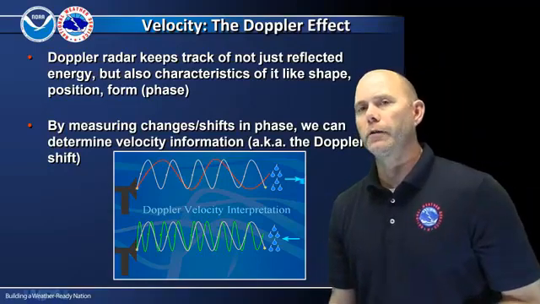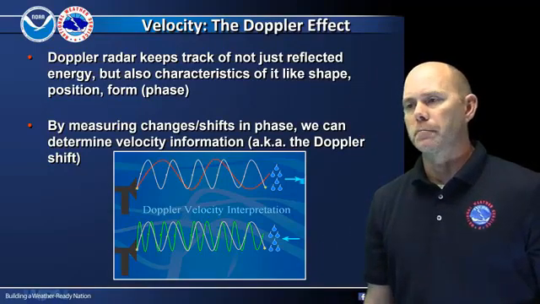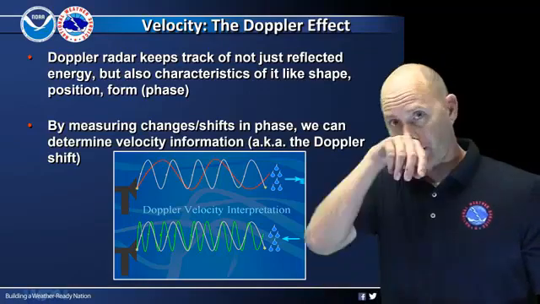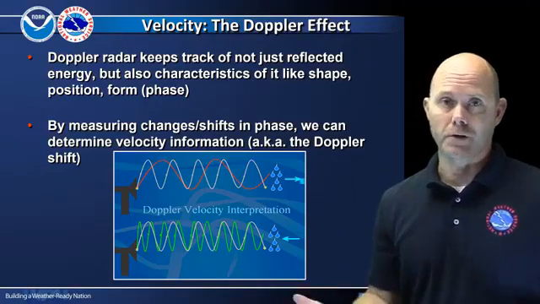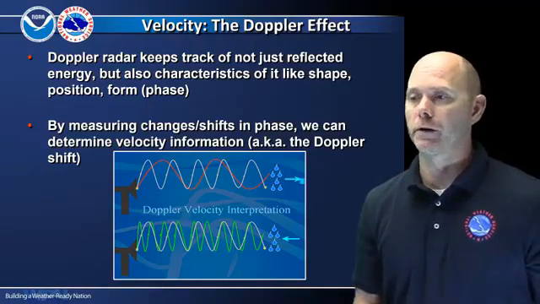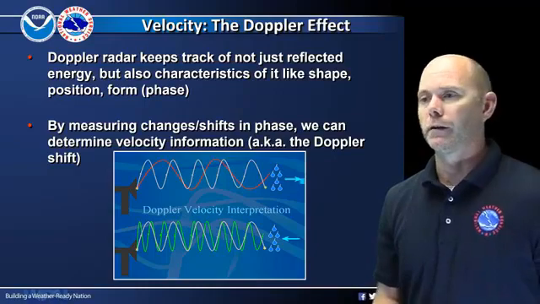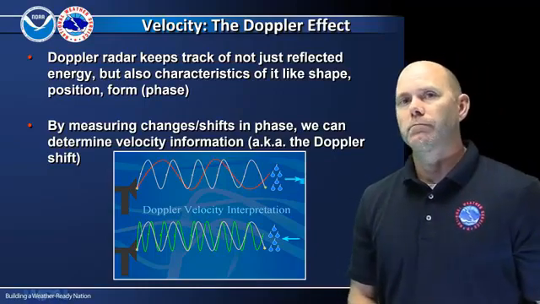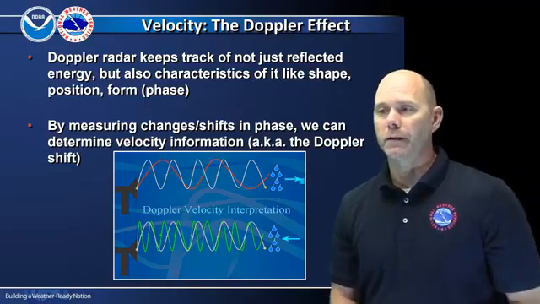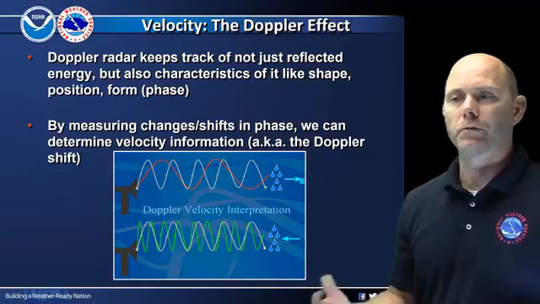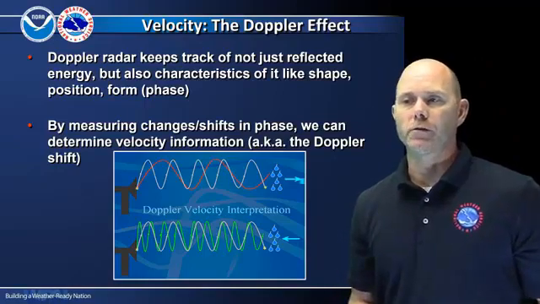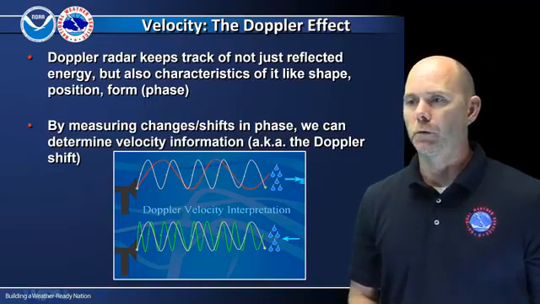So another base product that comes out of the radar is velocity. Reflectivity is just half of the picture, and especially when we're worried about severe weather, we are very interested in velocity. And velocity relies on the Doppler effect. The Doppler effect keeps track of not just the reflected energy, but also characteristics of that energy, like its shape, position, and form.